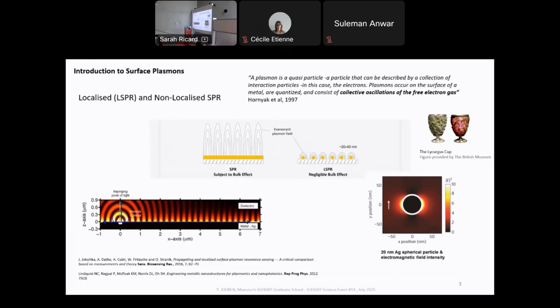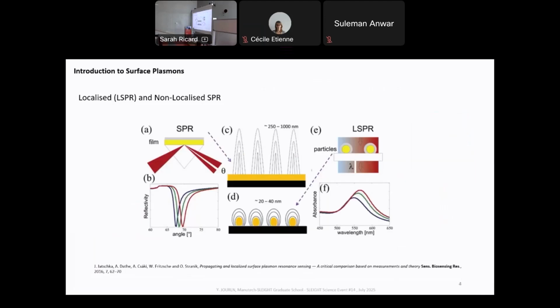And now I will focus on this kind of surface plasmon, what we call surface plasmon resonance or surface plasmon polariton. And as has been explained just before, when we consider this kind of surface plasmon resonance, we consider most of the time the reflected beam, and we consider the attenuation, the dip in the reflection, due to the absorption of the surface plasmon resonance.